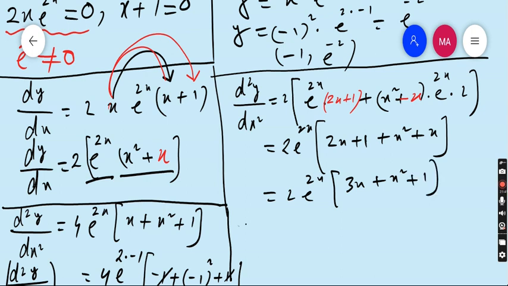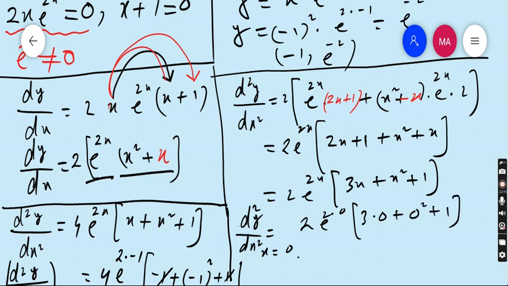Now substitute into this second derivative the value x = 0. 2e^(2 into 0), 3 into 0 plus 0² plus 1. 2 into 0 is 0, 3 into 0 is 0, plus 0 plus 1.